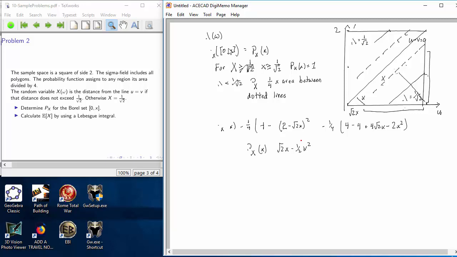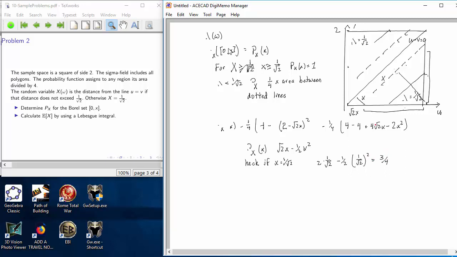And I can do a quick check on that. If x is equal to 1 over root 2, then I get root 2 times 1 over root 2 minus 1/2 times 1 over root 2 quantity squared, which is equal to 3/4.